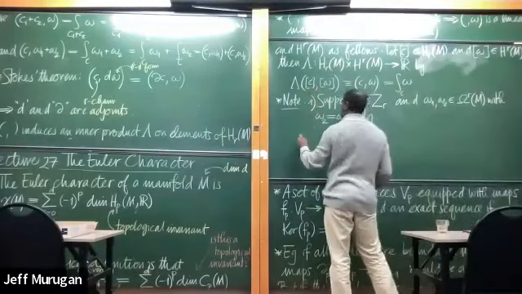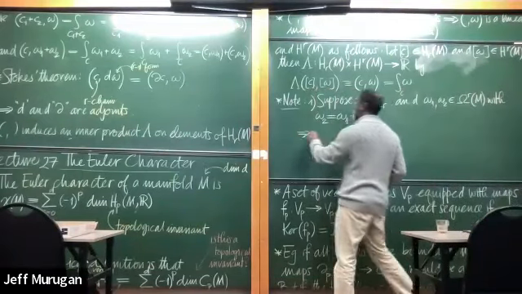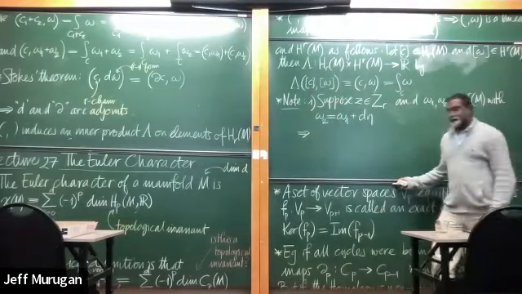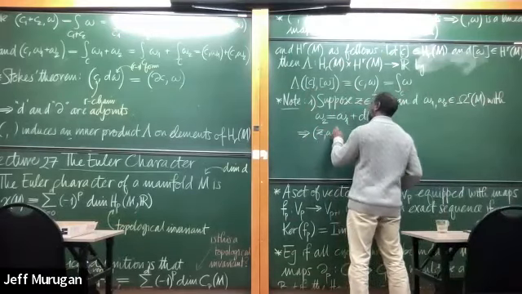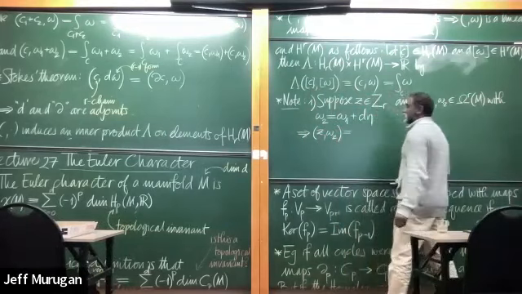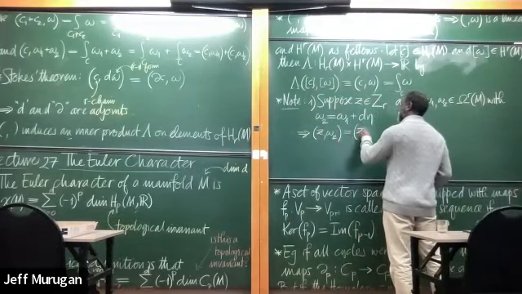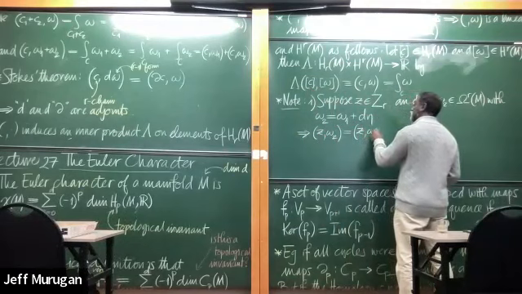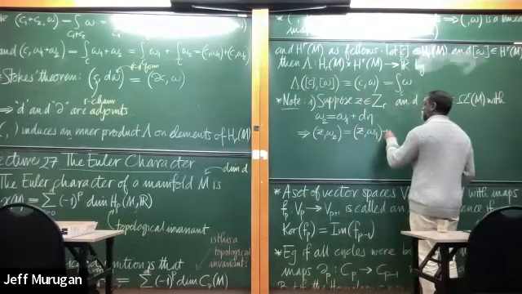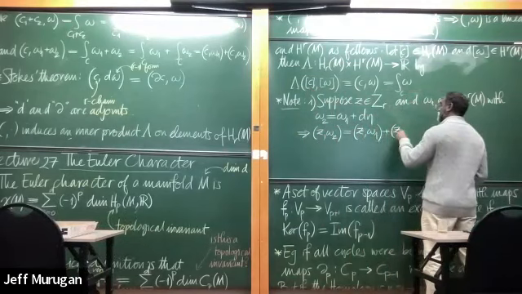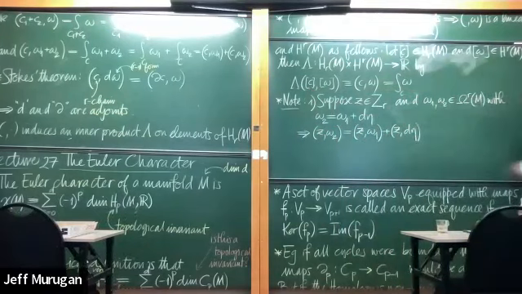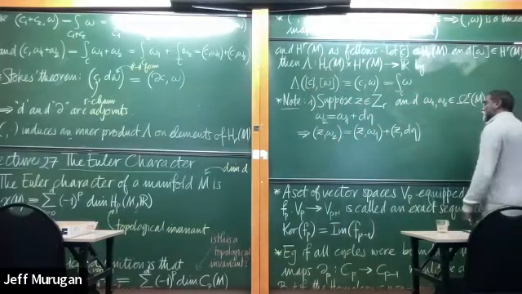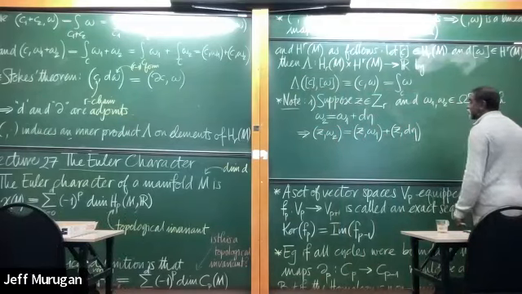And let's calculate then what this gives us. If I calculate Z inner product omega 2, this is Z inner product omega 1 plus Z inner product this exact form, by the linearity of our inner product.